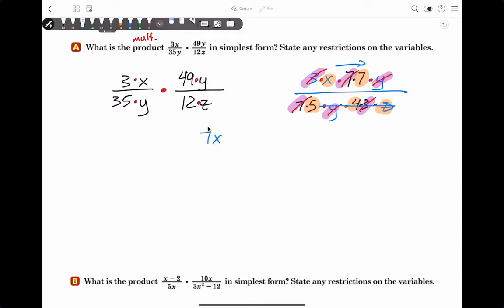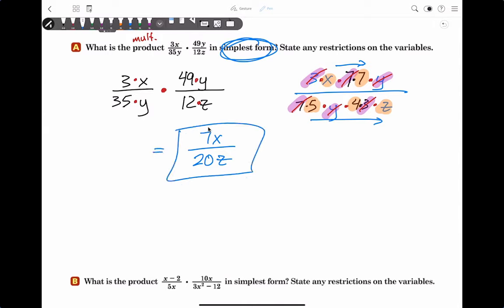Multiply straight across all the pieces that are left over. So we have 5 times 4 is 20z. And this is going to be in our simplest form. So we have 7x over 20z. This is our simplest form, so basically our answer, the expression that is.